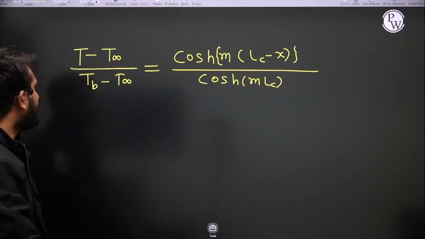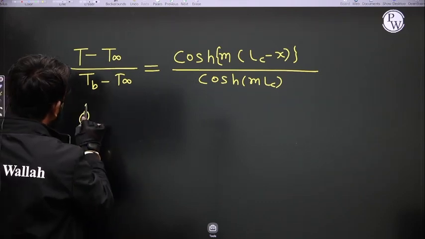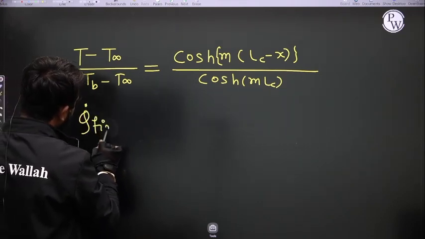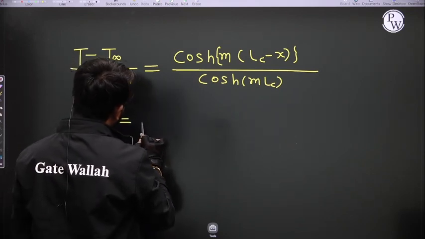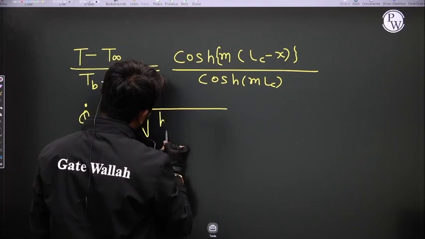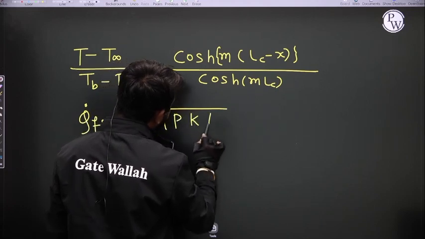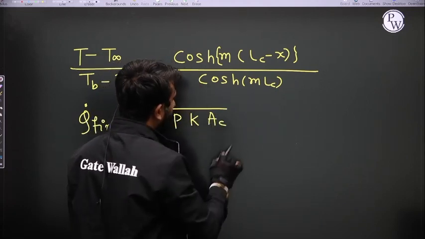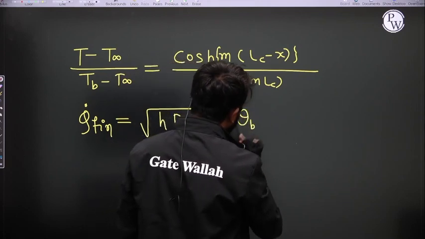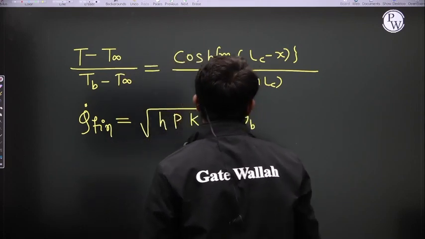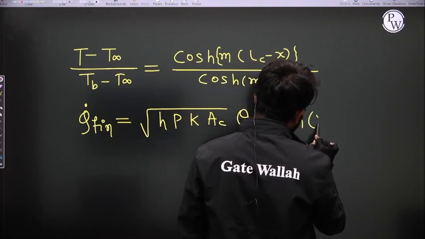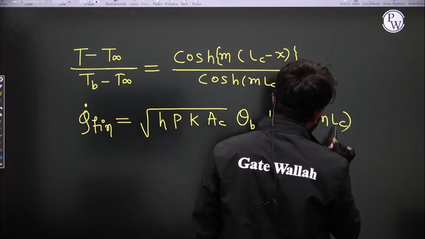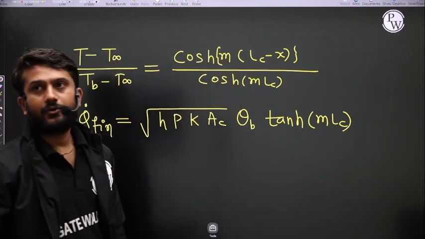And similarly, you can find the rate of heat transfer also, q dot fin, and that is equal to root over hPkAC theta_b tanh mL_C. Okay.